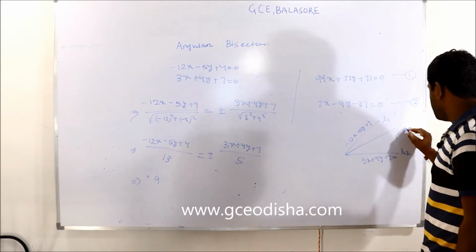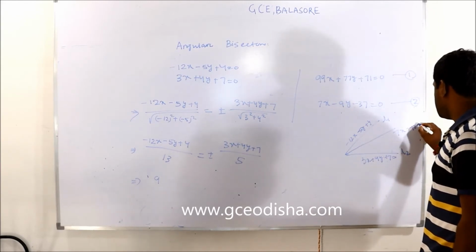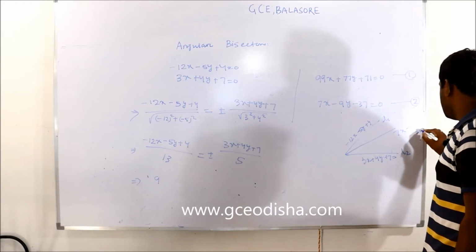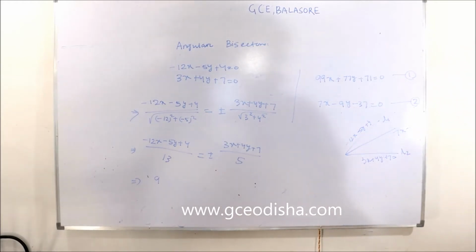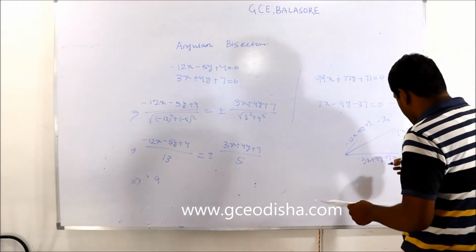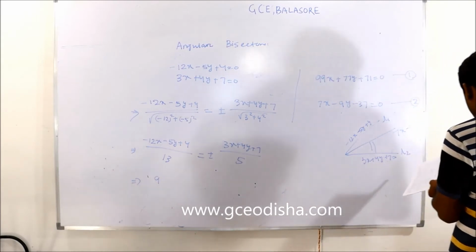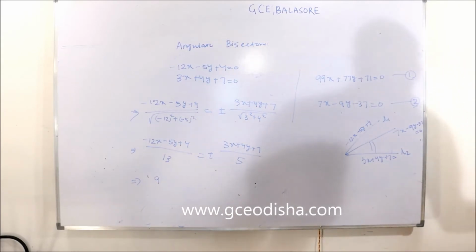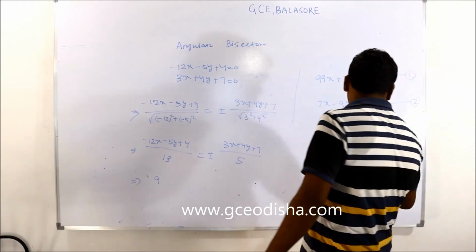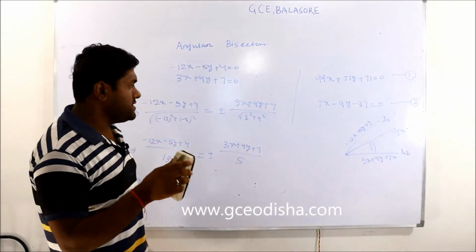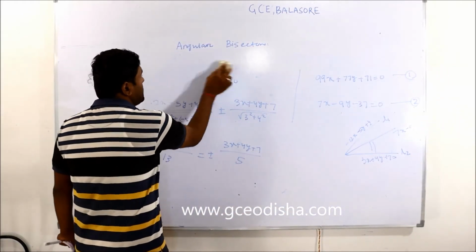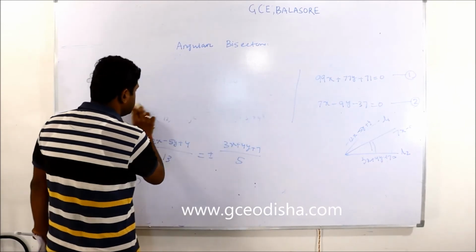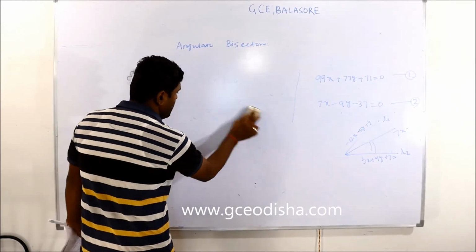Maybe, let's take this is 7x minus 9y minus 37 is equal to 0, right? Then there must be an angle between them. Between the one line and the angular bisector, there must be an angle. Let's find the angle between them.